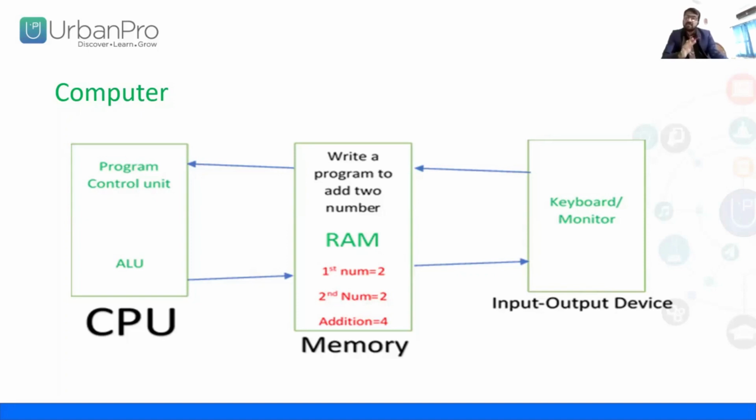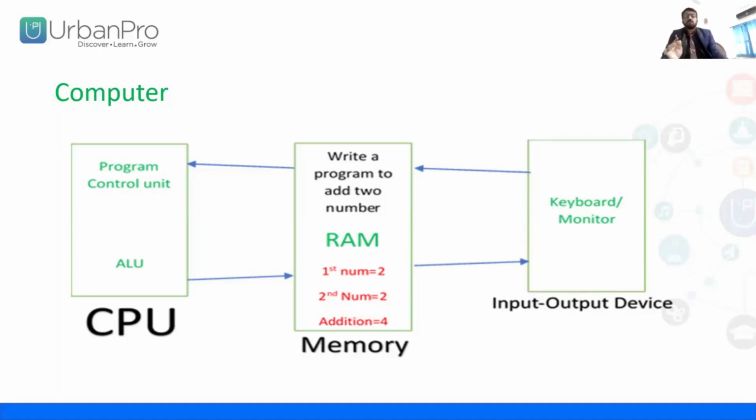And once again, the central processing unit is divided, like a brain, in two parts: control unit and arithmetic logic unit. The control unit controls the flow of instructions, whereas the arithmetic logic unit performs addition, subtraction, multiplication, division, as well as logical operations.